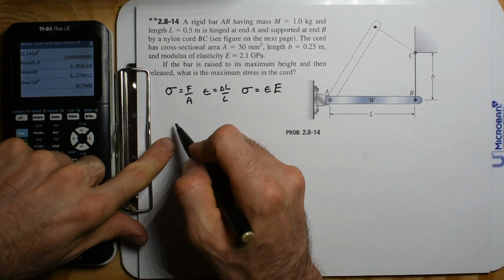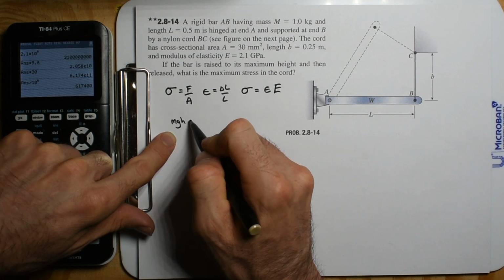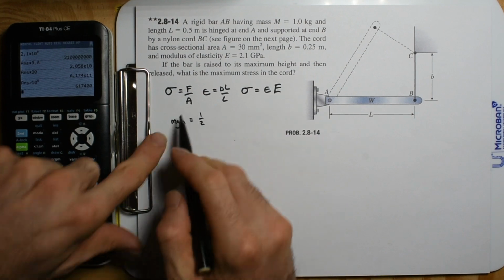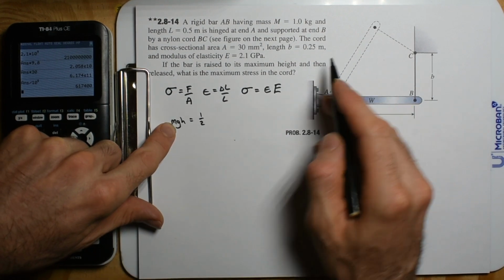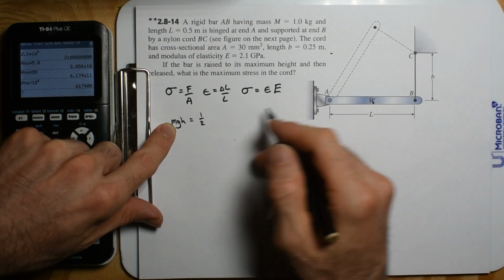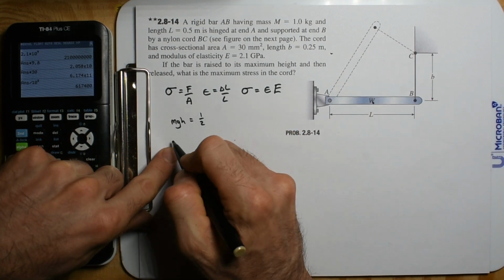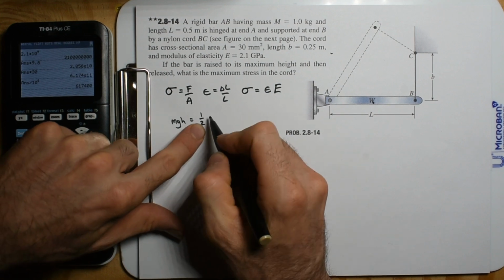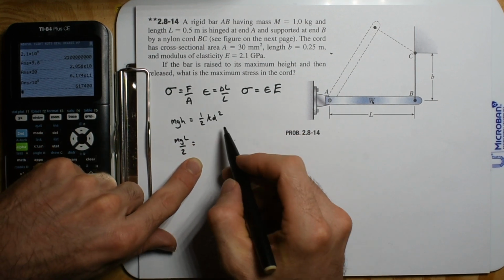We're still going to do it. We're still going to go back to this: MGH is equal to the potential energy of the height fall, and we're going to say it's vertical from there to there, and that's going to be L divided by 2. So now we're going to have MGL divided by 2, and this is equal to 1/2 KD squared.